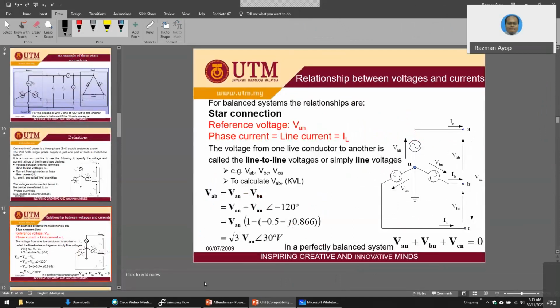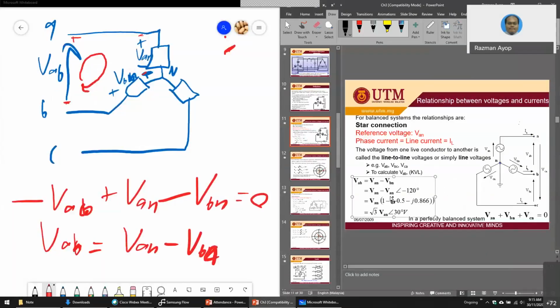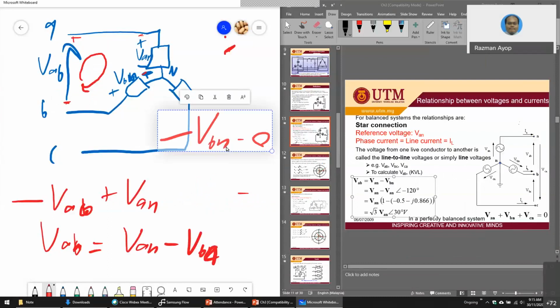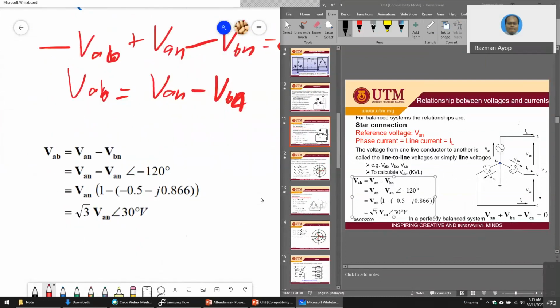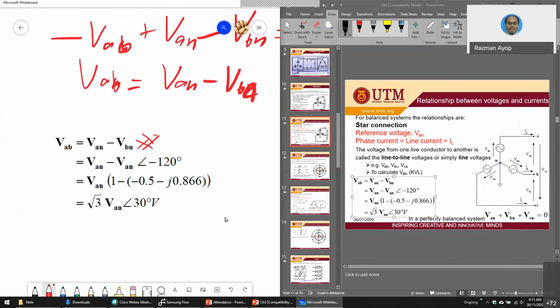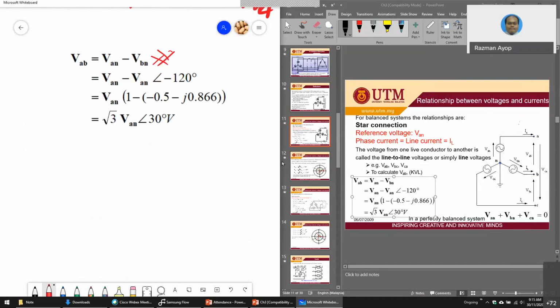Sorry, my pen doesn't work. That is how you get this. And remember, what is VAN? What is VBN? It is 120 degrees apart. VAN is just V, because I said for a three-phase system, the voltage needs to be the same.